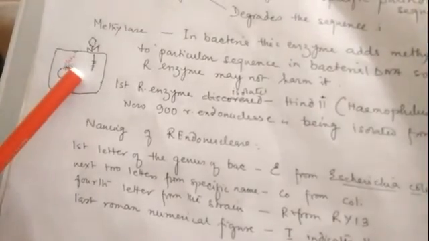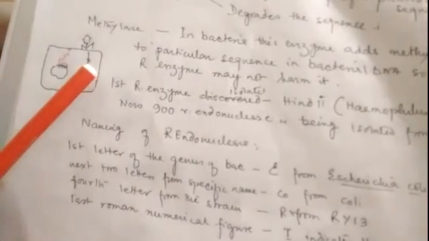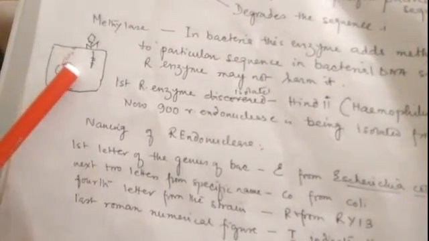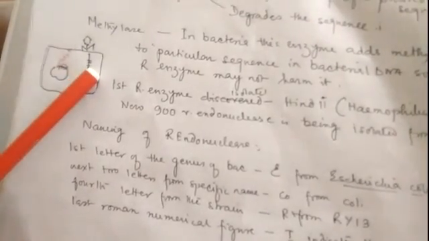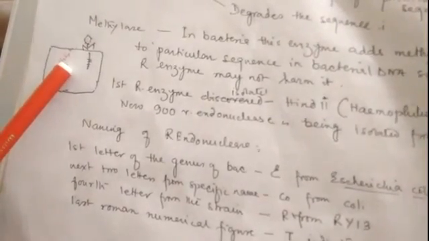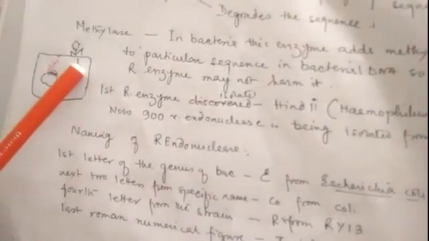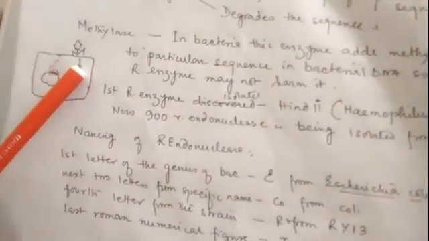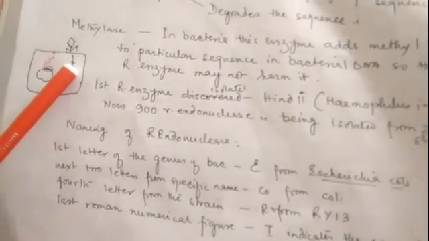Methylase methylates this particular sequence and protects it from the restriction endonuclease, because the restriction endonuclease cannot recognize the methylated site, clear, and as a result it cuts the viral DNA but does not affect the bacterial DNA. So to restrict the functioning of the bacteriophage, this set of enzymes has been formed, and that is why they are called restriction endonuclease.